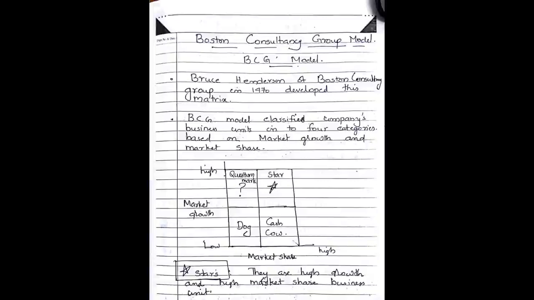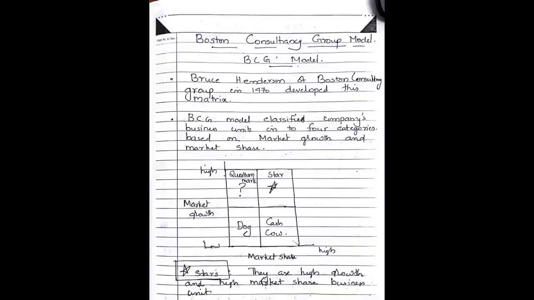And very soon it became a dog product. Around 6 years ago, it became a dog category product, because market growth was very minimal, and the demand for the Icon car also became very minimal, so they stopped its production.